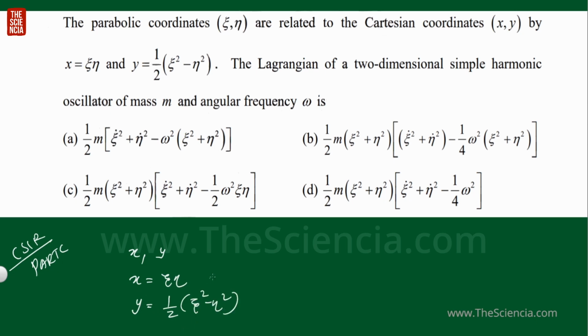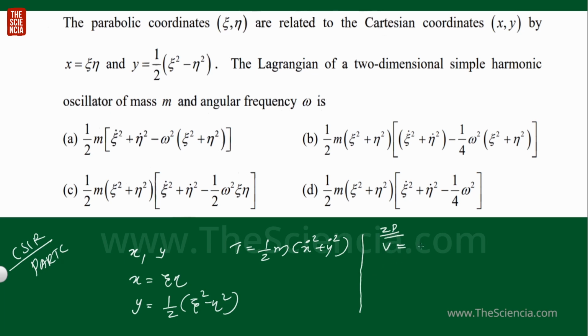Okay, so kinetic energy will be equal to half m (x dot square plus y dot square). Okay, it is simple. You have to take the derivative of this x and the y. So you get the kinetic energy. And the only confusion maybe you have is about potential energy. What is the potential energy of a 2D simple harmonic oscillator?